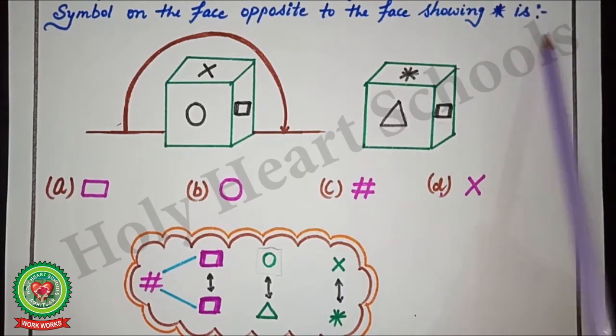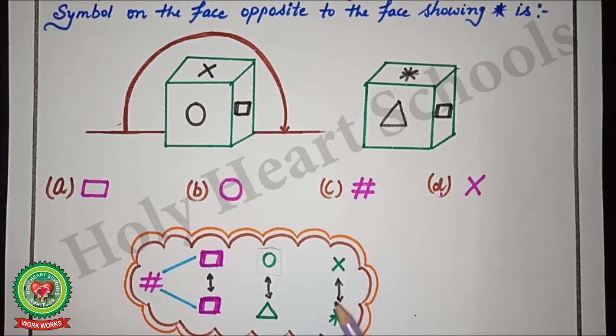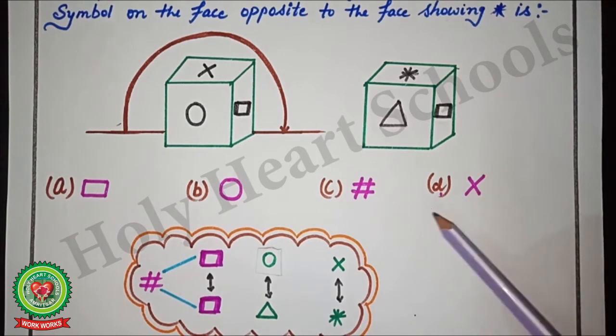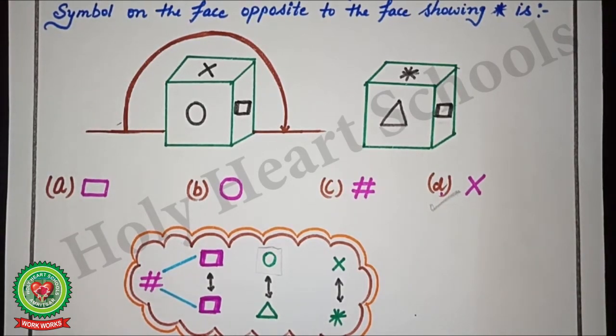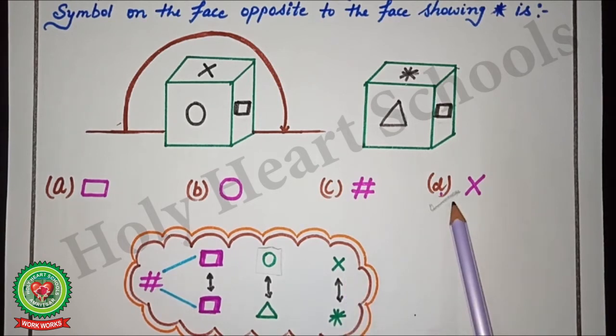Which symbol will be opposite to the star? That will be cross. So option D will be our correct answer, because cross is opposite to star as well as star is opposite to cross. So here we have our answer, that is D. Clear? So now let's move to the next example.